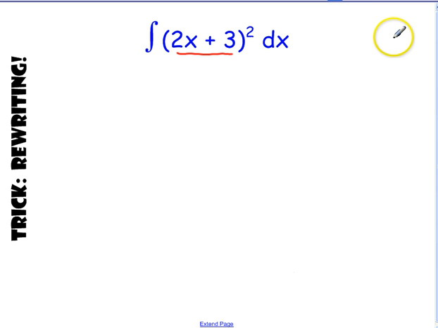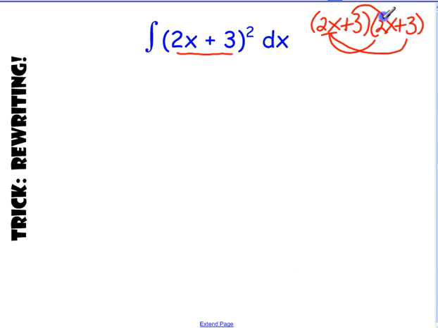And what you could do is come over to the side and write this out and then FOIL if you'd like, or some people like to call it a double distribute. But basically what you're doing is you're going to multiply everything in this parenthesis by everything in that parenthesis.